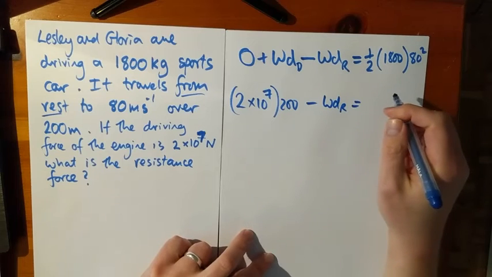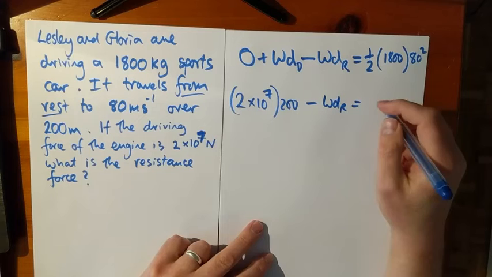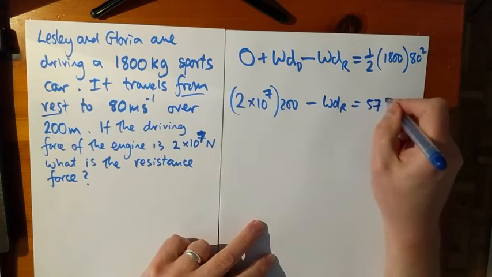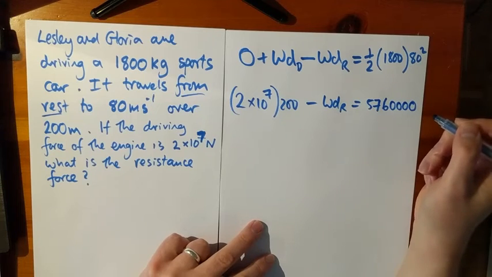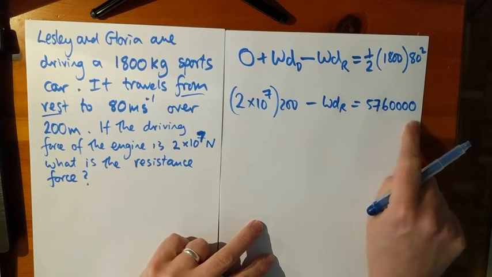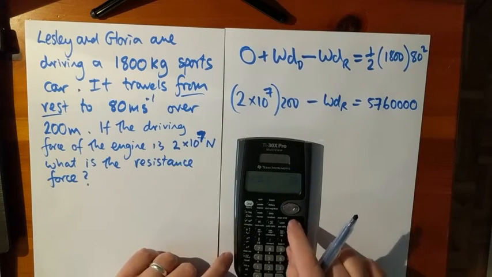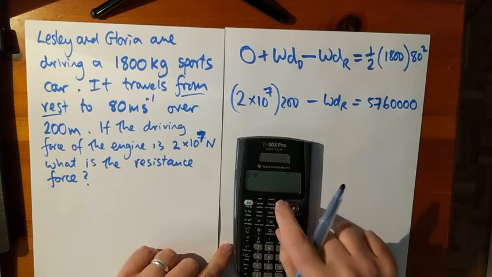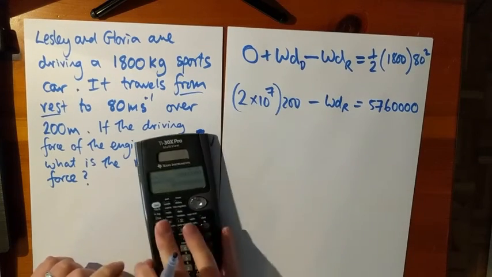And this number over here comes out to be 576,000. Again, be careful with the numbers of zeros. And if we add that to both sides and subtract that from both sides, this one, what's that? 2 times 10 to the power of 7 times 200. That is a ridiculously long number.